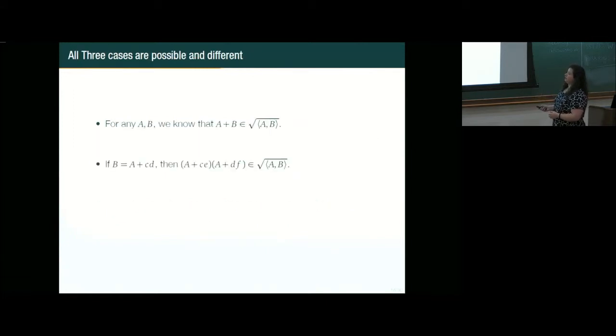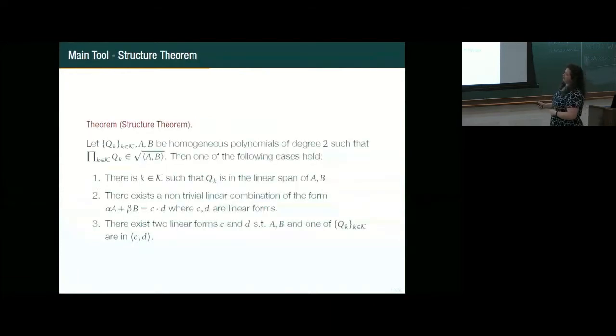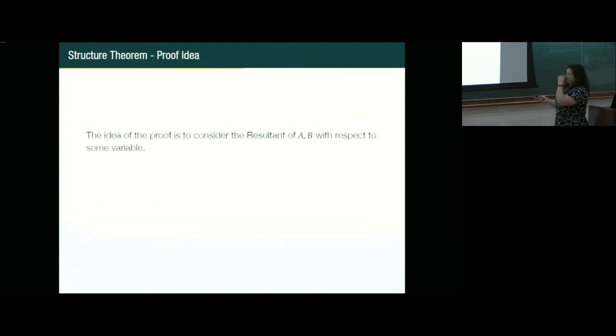So how do we prove this theorem? Again, I went from this local condition, and I proved that it must be the case that one of those three cases happens. So the proof considers the resultant of A and B with respect to some variable.